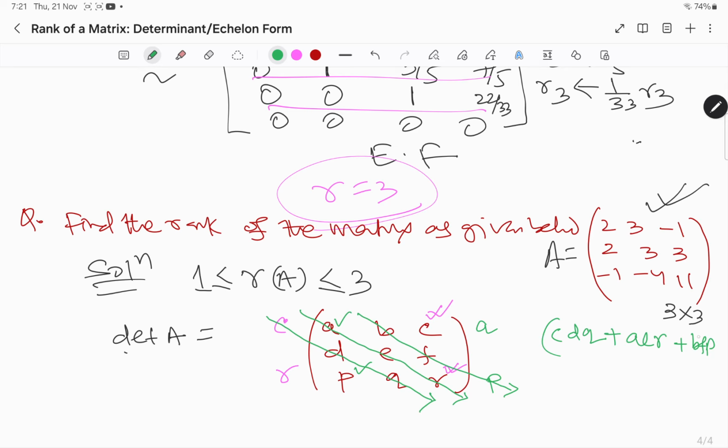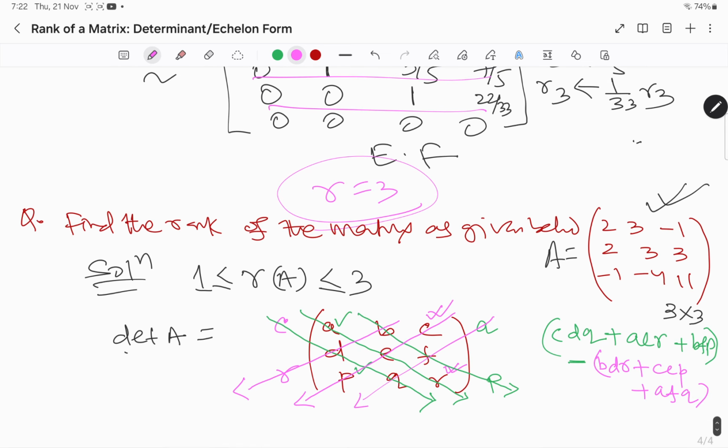Then minus, you write it like this and multiply like this, it is BDR, plus next the off-diagonal, it is CEP, and it will be AFQ. This is the quickest approach to find the determinant, so you should adopt this trick. Within no time you will be able to get the determinant.